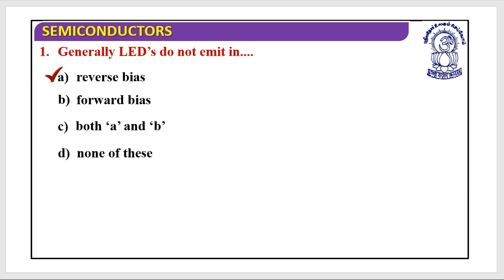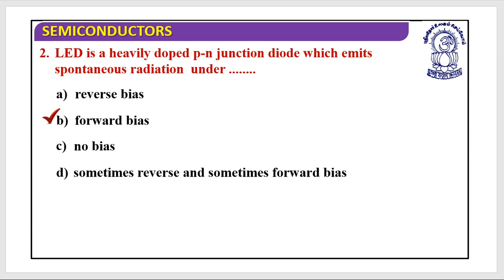Let's have a look at certain quick questions. LEDs do not emit radiation in reverse bias. An LED is a heavily doped PN junction diode which emits spontaneous radiation under forward bias, and it does not emit anything in reverse bias. I hope this is clear.